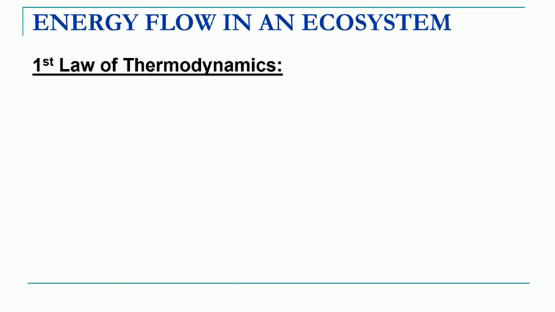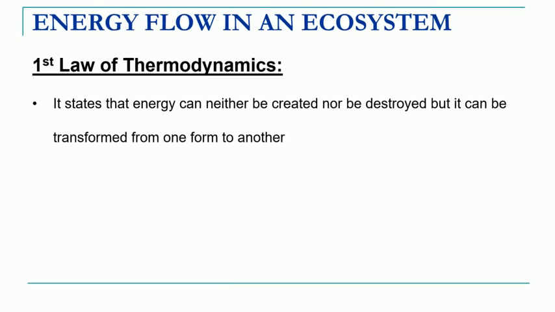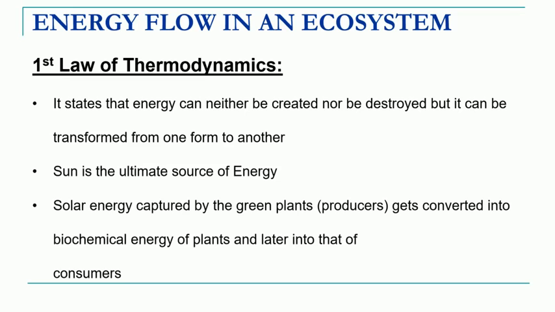To understand this energy flow in an ecosystem, we should know the laws of thermodynamics. The first law of thermodynamics says that energy can neither be created nor destroyed, but it can be transformed from one form to another. And the sun is always the ultimate source of energy for the ecosystem.